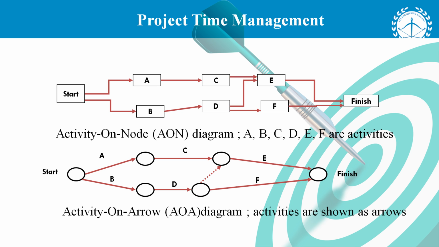In order to complete the project, we have to finish all activities one by one. You can observe here a path. ACE is a path, BDF is a path, another one BD dummy. The dotted line indicates a dummy activity. BDE is also a path.